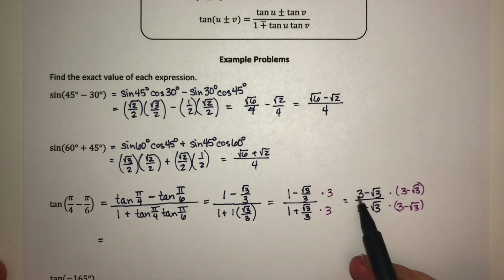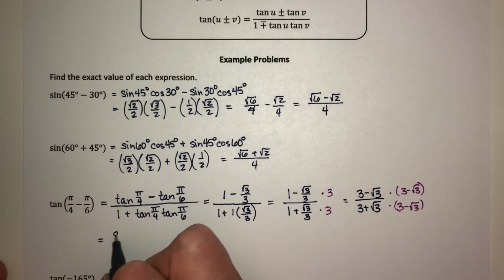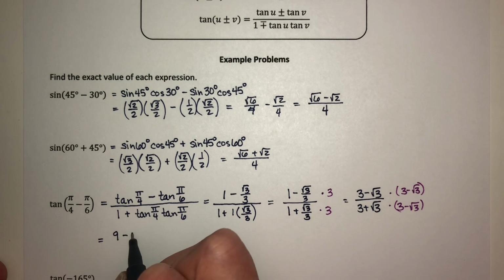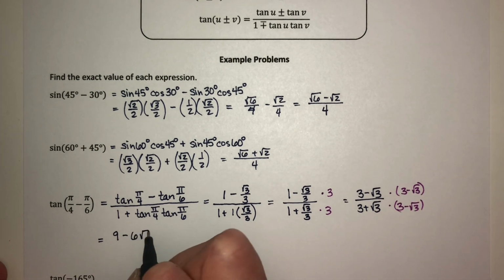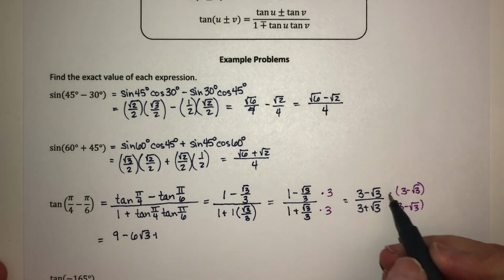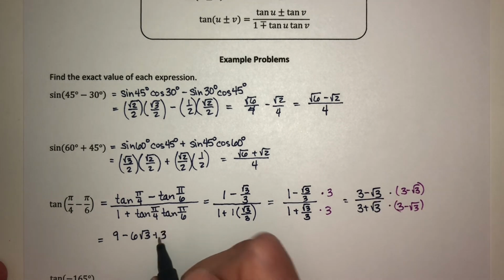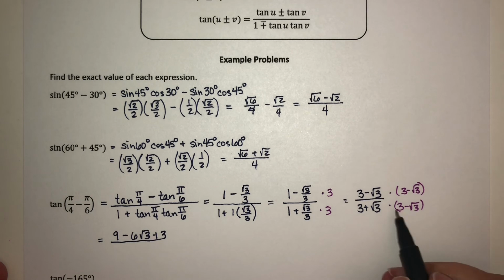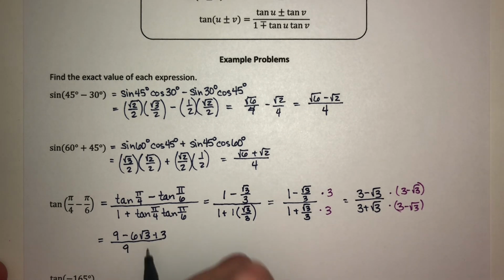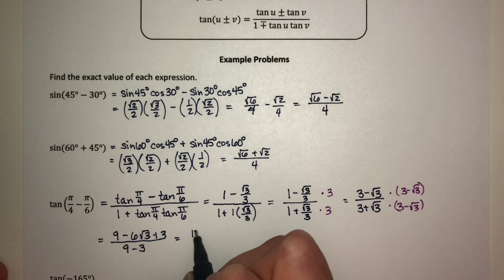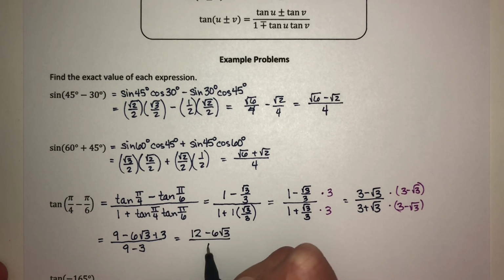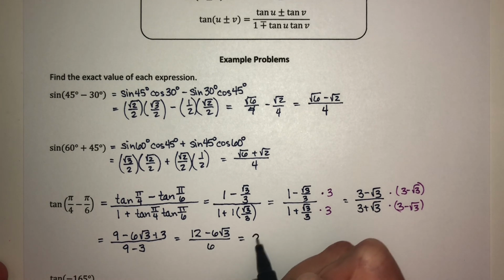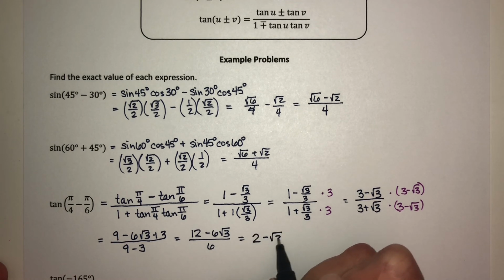And that gives you, this is squared, so that will be 9 minus 3 square root of 3 doubled, 6 square root 3 plus square root 3 squared is 3 over 3 squared, 9 minus 3. So that gives me 12 minus 6 square root 3 over 6, and that reduces to 2 minus the square root of 3.